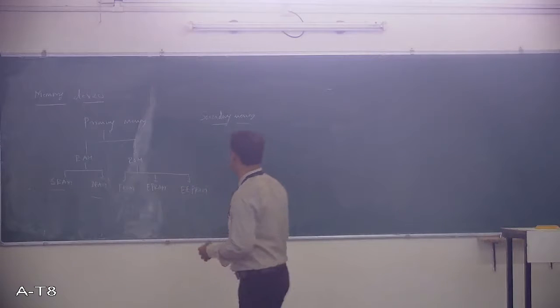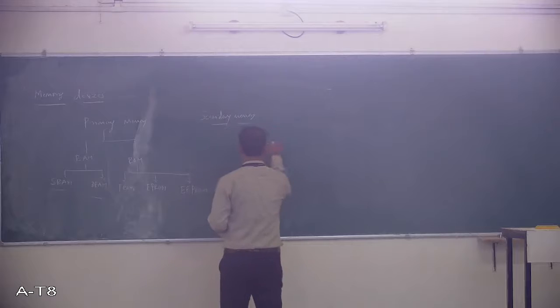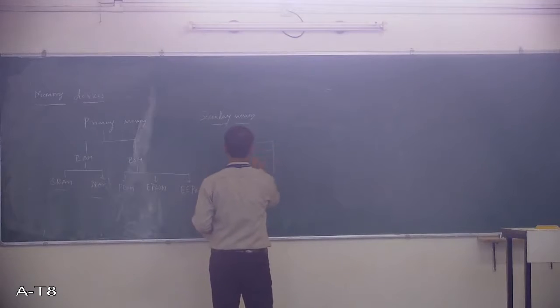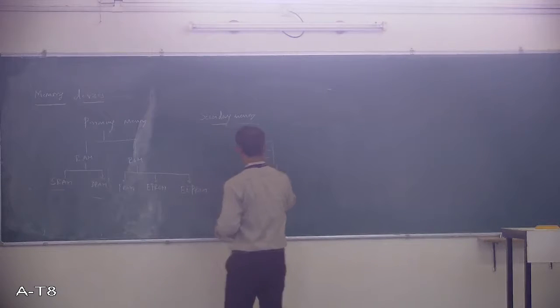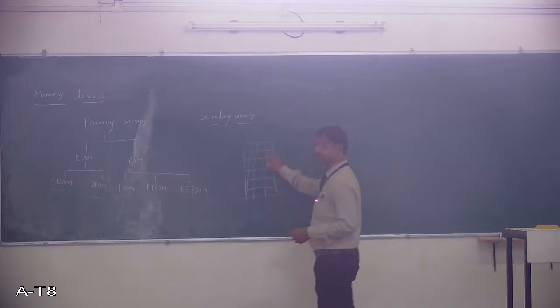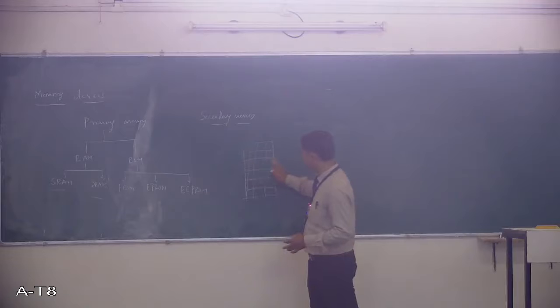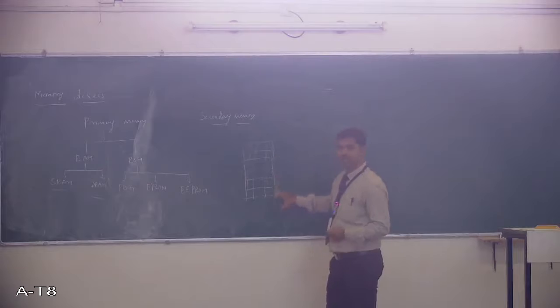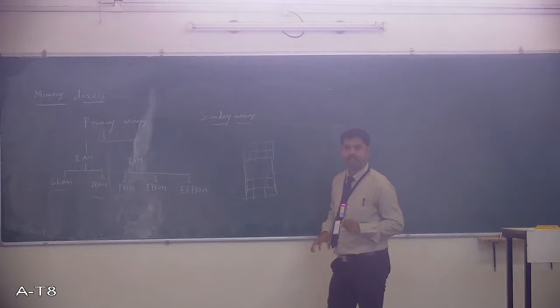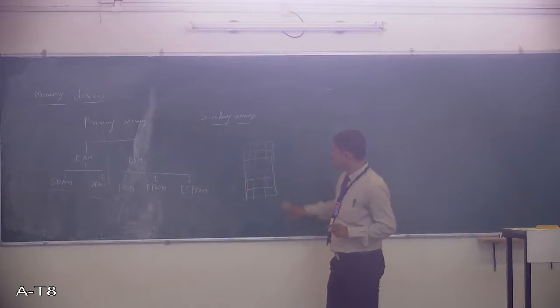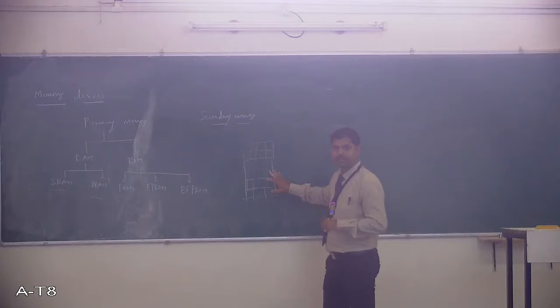Refresh in the sense, suppose this is a memory and all memory is full. Suddenly I delete some of the contents of the memory. Certain portion I make vacant in SRAM. So this memory looks like this only.